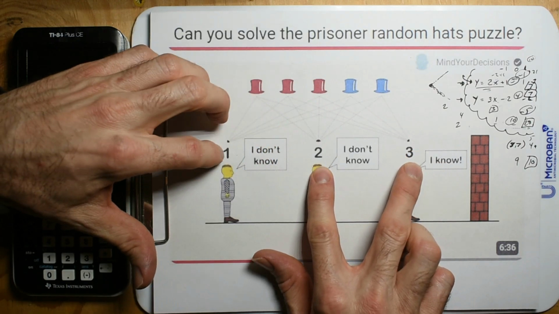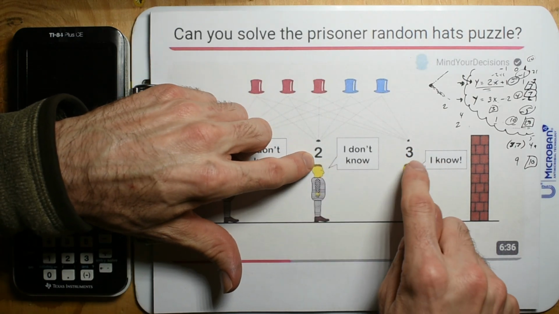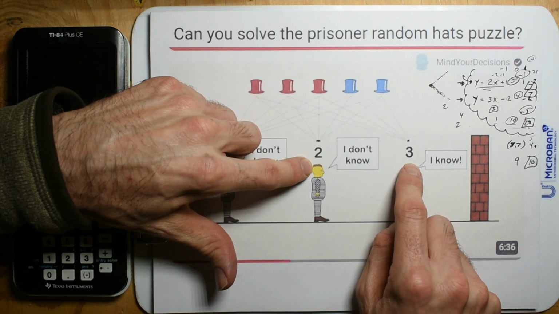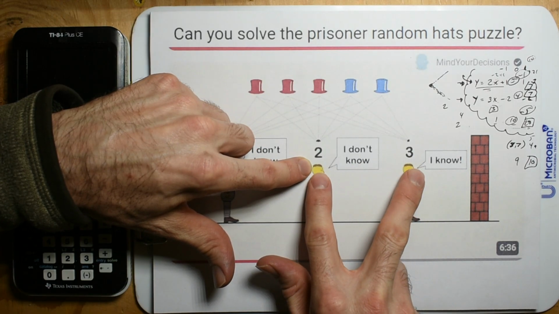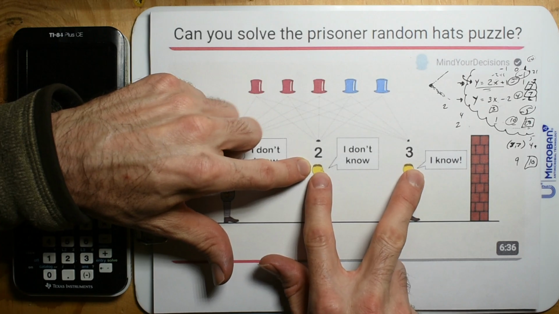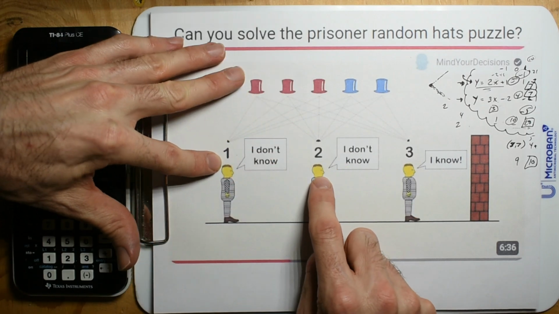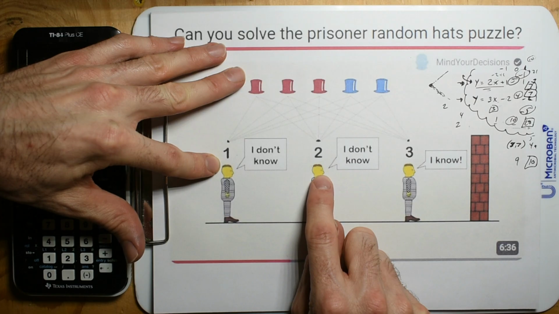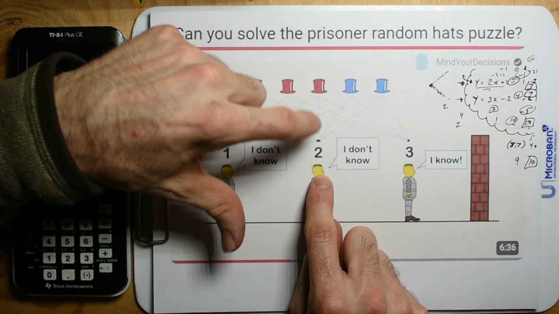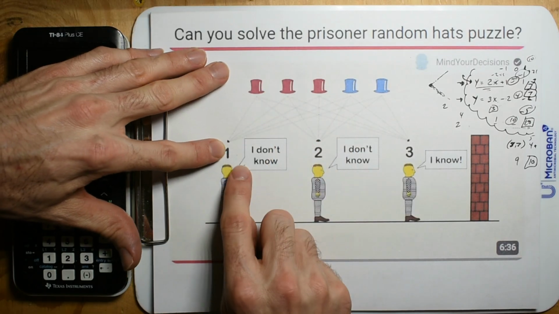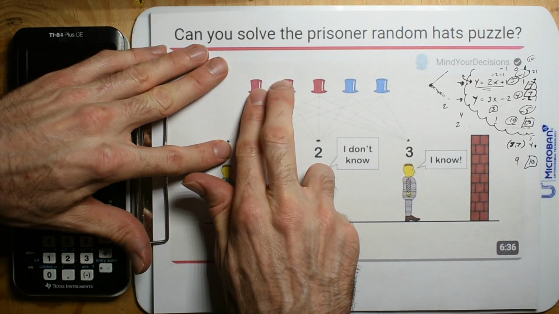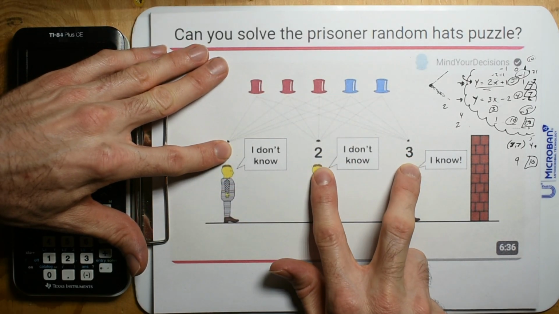But because prisoner 2 sees a red hat, he can't say that. Prisoner 2 cannot say whether his hat is blue or red, because you also have the combination where prisoner 2 and 3 could have red hats on top of their head.